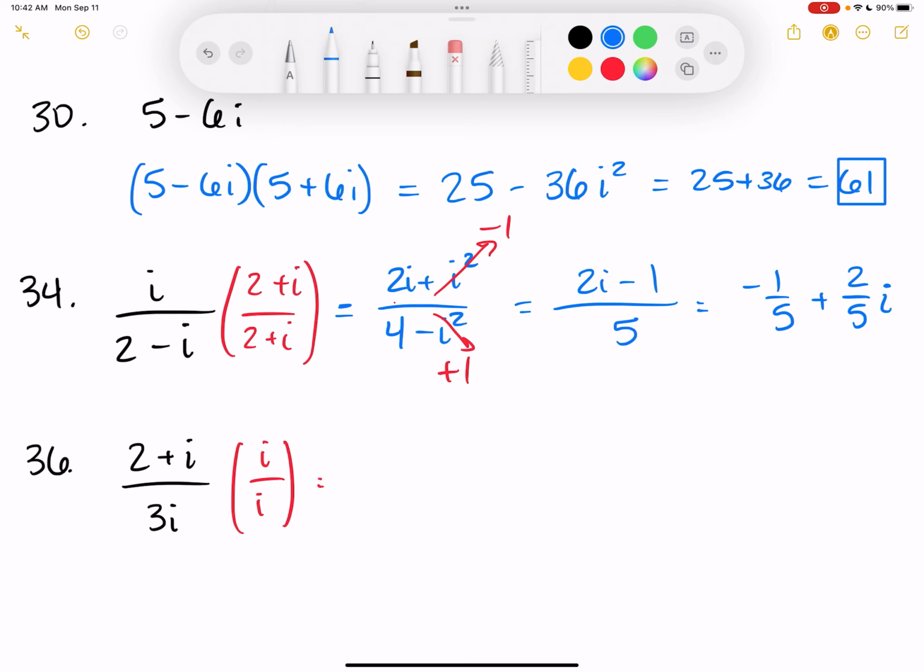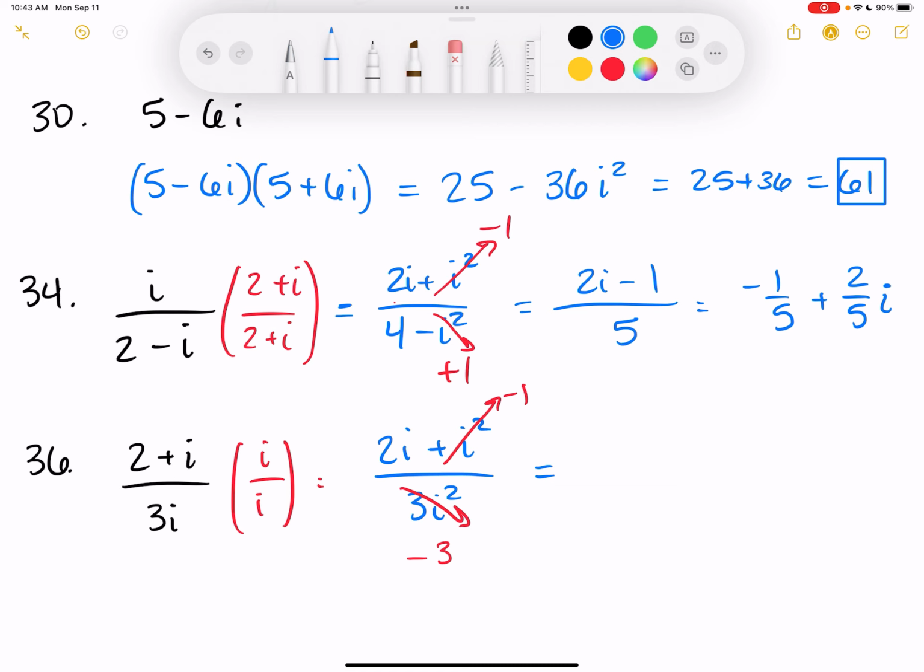All right, so let's see if I can do it right this time. 2i plus i squared over 3i squared. So my i squared on top is going to become negative 1. 3i squared on the bottom is going to become negative 3. Then again, I just need to reorder it so that we're in standard form.